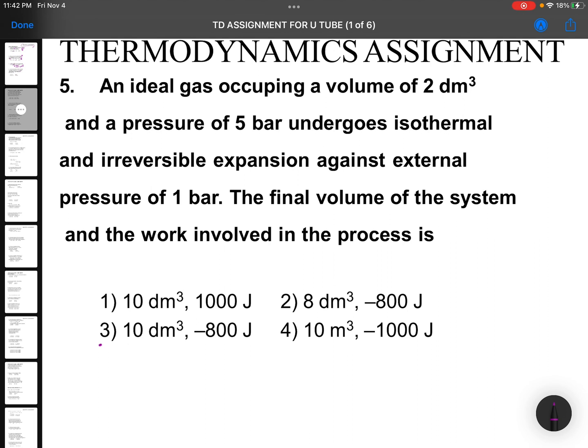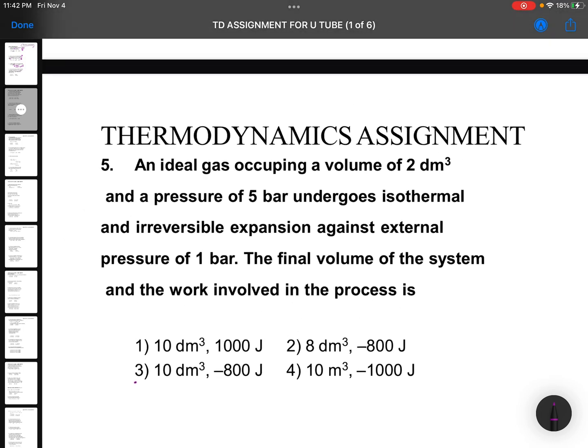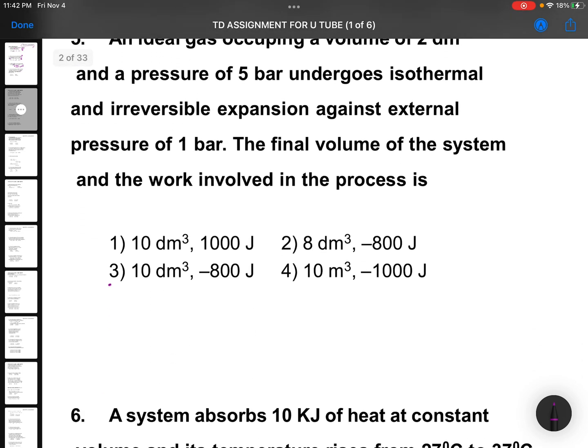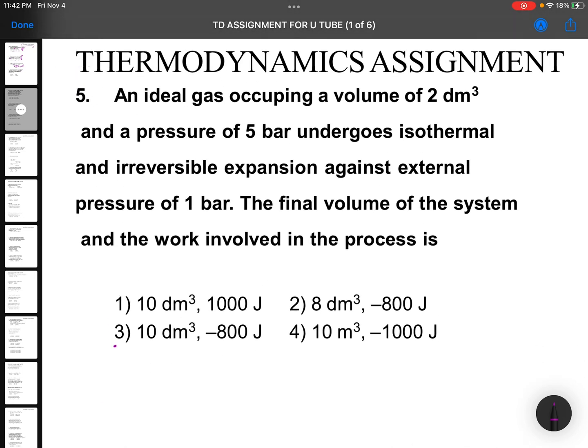An ideal gas occupying a volume of 2 decimeter cube and a pressure of 5 bar undergoes isothermal and irreversible expansion against external pressure 1 bar. The final volume of the system and the work involved in the process is?